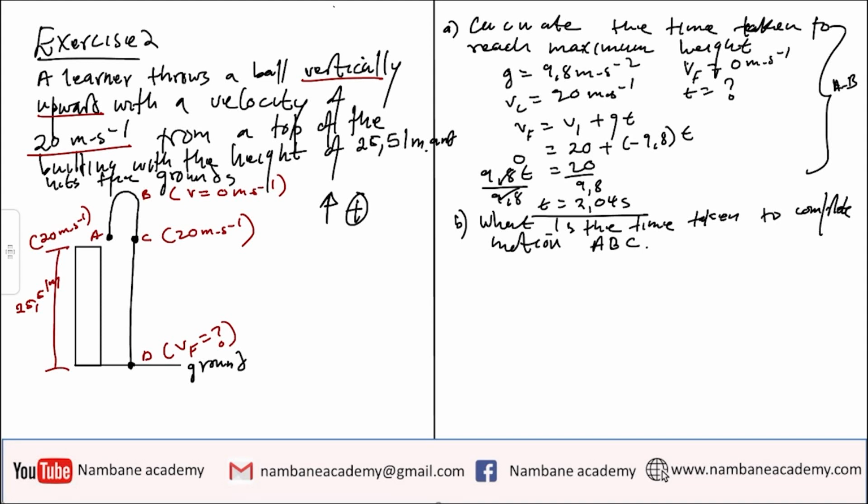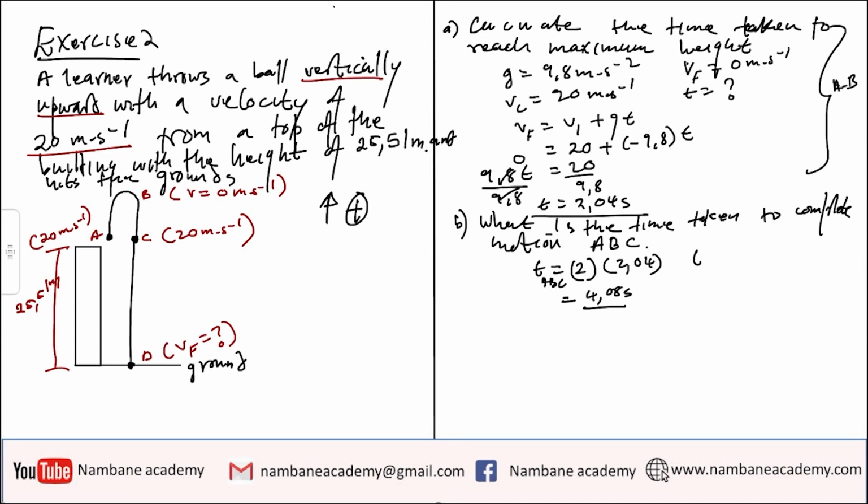We multiply our answer from A by 2 to get our time for ABC. TABC will now be 2 multiplied by 2,04. But okay, that is correct. It will give us an answer of something like 4,08 seconds.